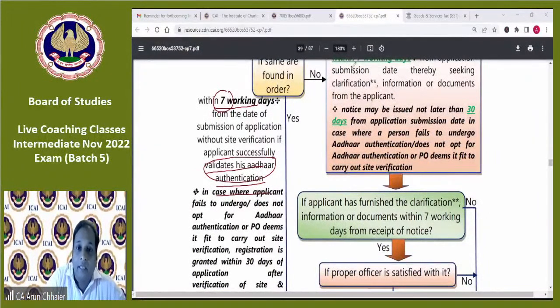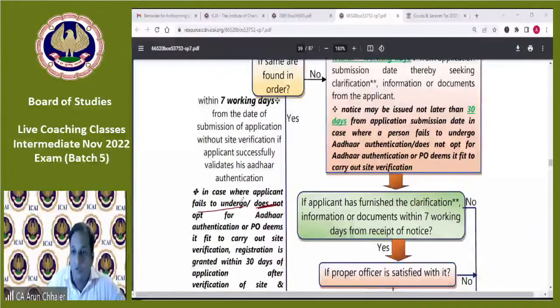If the person who is applying for registration has not opted for Aadhaar, or has opted but failed to undergo Aadhaar authentication, then what? Suppose Mr. A makes the application; the total time limit within which he needs to do the Aadhaar authentication is 15 days. When Mr. A makes an application, there is a separate tab for Aadhaar authentication.